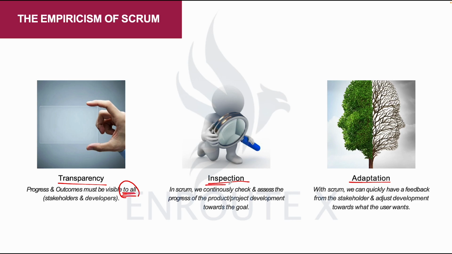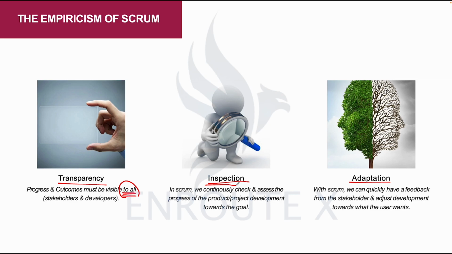Then the second one, inspection. Inspection involves regularly and systematically examining the progress and results of the work being done. And of course, this is done through various events and meetings, such as the daily stand-up, the sprint review, the sprint retrospective.